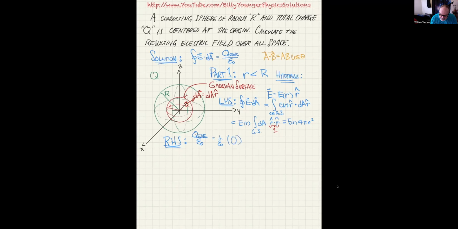So I'm going to say Q enclosed is actually 0 because charges are free to move, so they all get as far from each other as possible.